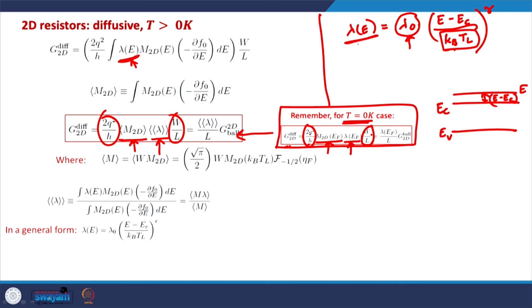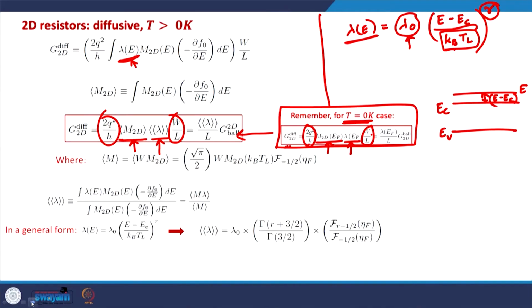will govern the mean free path of the electrons in the crystal or in the channel, and this exponent depends on the kind of scattering mechanism present in the crystal. Scattering can happen because of phonons, the lattice vibrations, and it can also happen because of interaction with an external electromagnetic field, or impurity atoms, ionic impurities present inside the crystal, or maybe surface atoms.